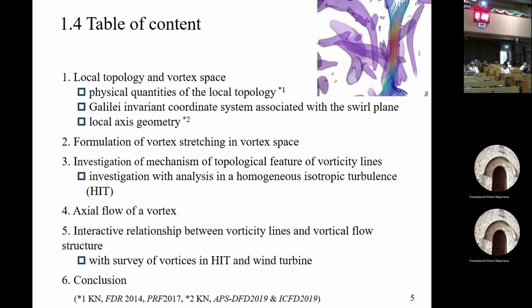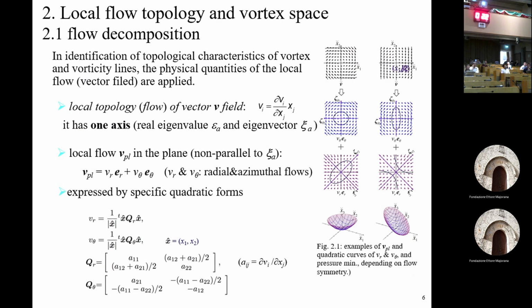So first, we introduce some topological quantities and define a Galilean invariant coordinate system associated with vortical regions. The local topology of a velocity field can be specified by its gradient tensor, and it has at least one real eigenvalue and eigenvector.